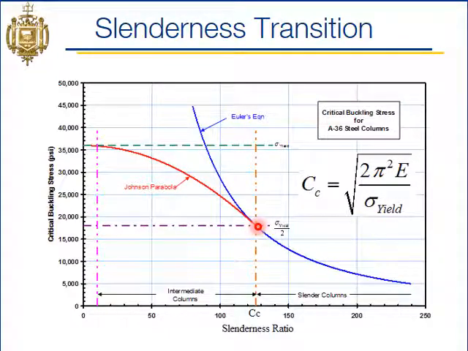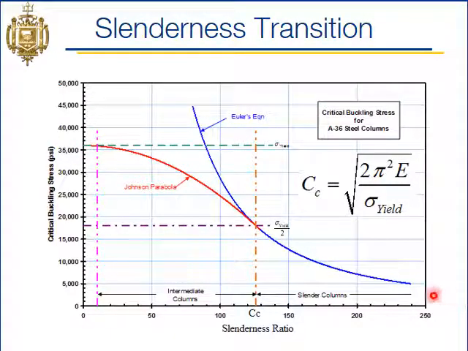You can see that the blue line and red line are different equations, so we get different lines. But above C sub C, we're going to use this Euler equation, and we can see that our critical stress continues to decrease with an increase in slenderness ratio. Long, tall, slender columns have a significantly lower critical stress that would cause buckling as compared to short columns.